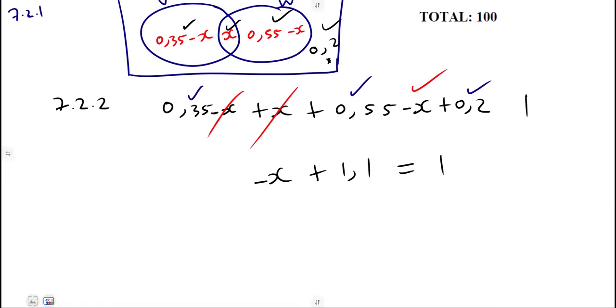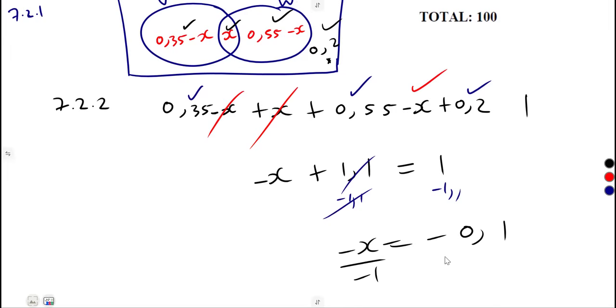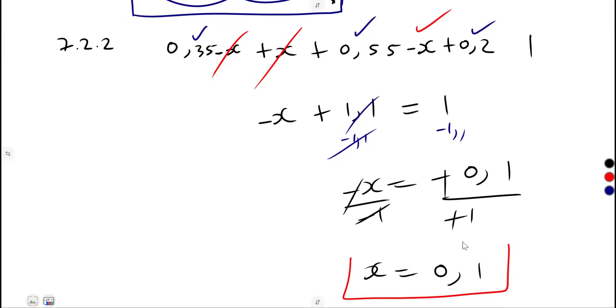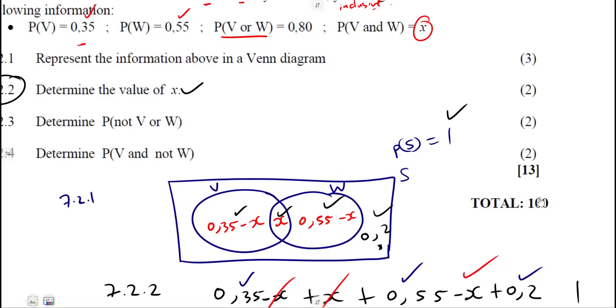So let's take the 1 to the other side, or simply subtract 1, so that's negative X is equal to negative 0.1, divide by negative 1 by negative 1. This was going to cancel, and we have got our X, which is what? Which is 0.1, all right? So that's our X there.